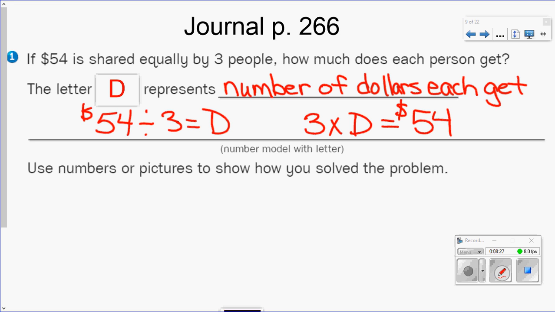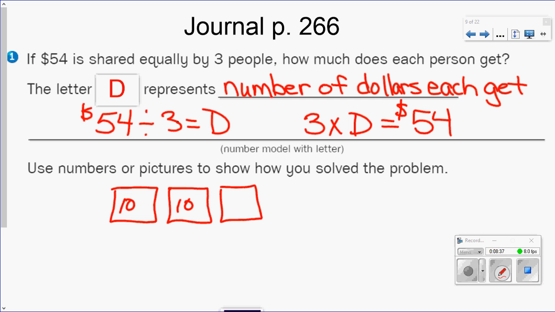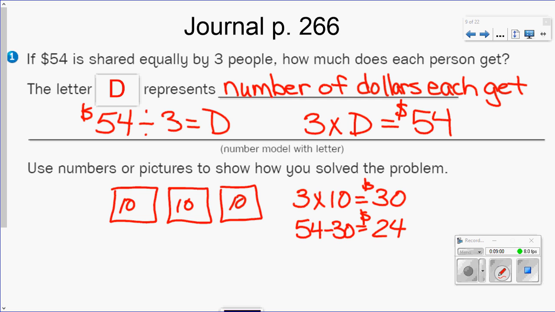Okay, if I were going to draw a picture, I could draw each of these would be 10, and 3 times 10 would equal 30, and if I take the 54 minus the 30, that's going to equal $24 left over.